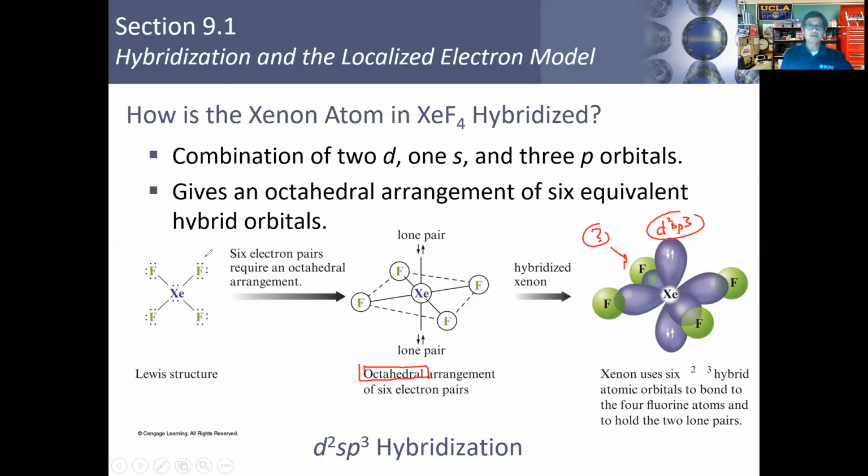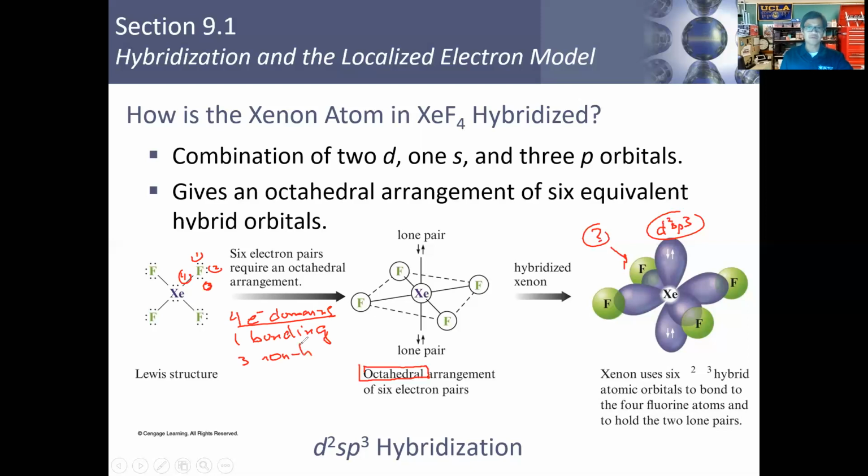Let's count the electron domains. You have 1, 2, 3, 4 electron domains around each fluorine. With that said, we have 1 bonding and 3 non-bonding domains.